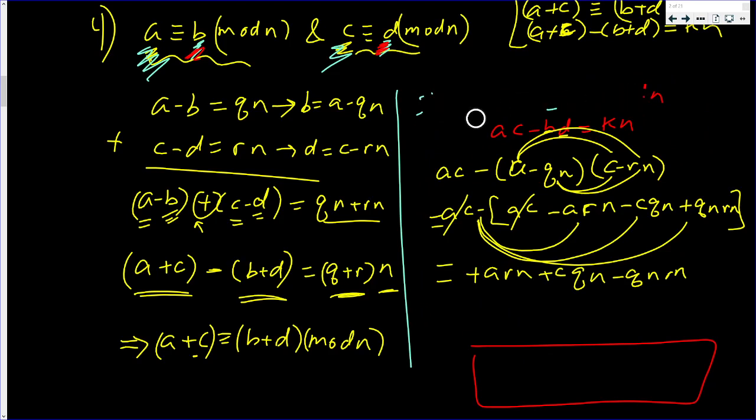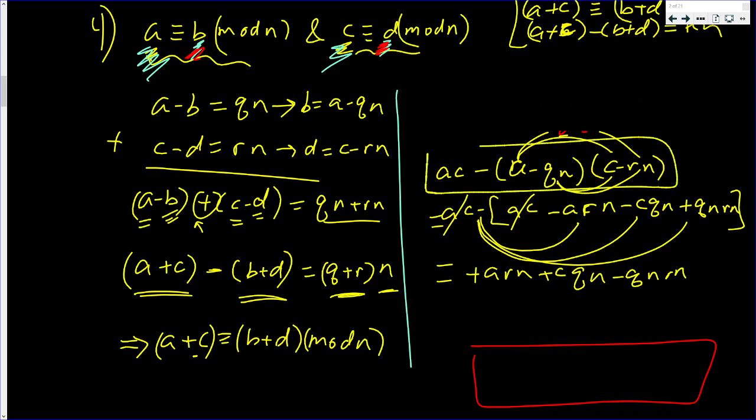I want to write that this top line is equal to ac minus bd. I mean, I have the ac, I have the minus, and I just wrote b and d differently. That's all I did.